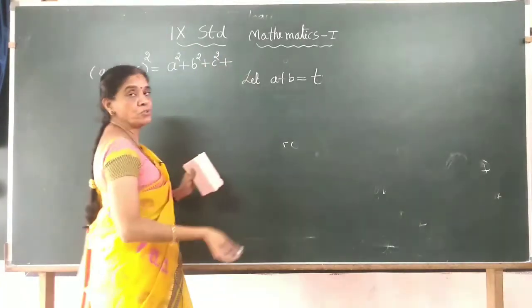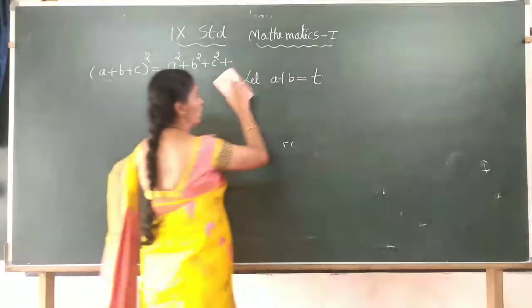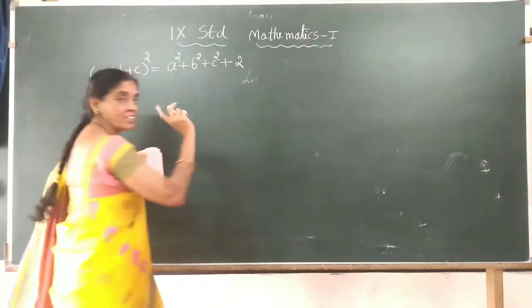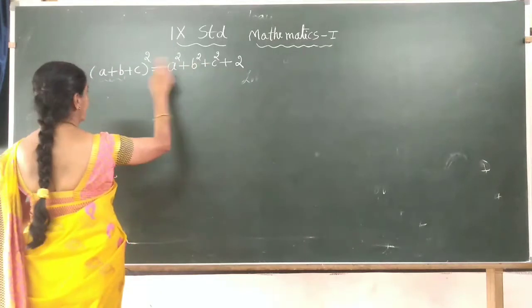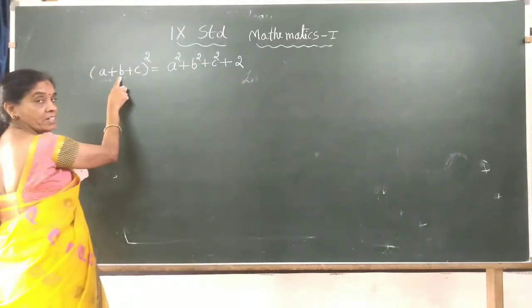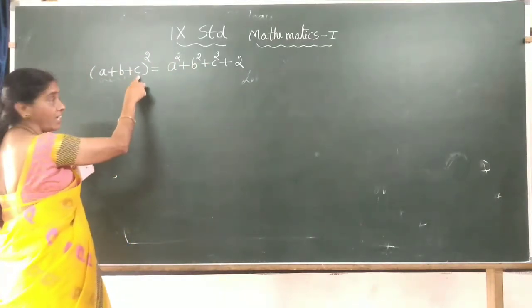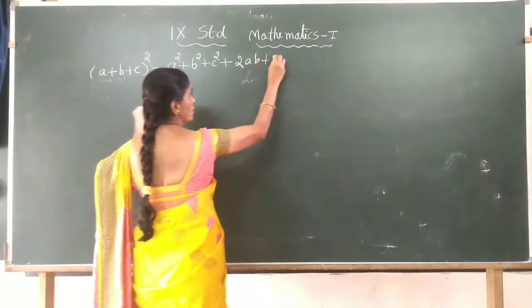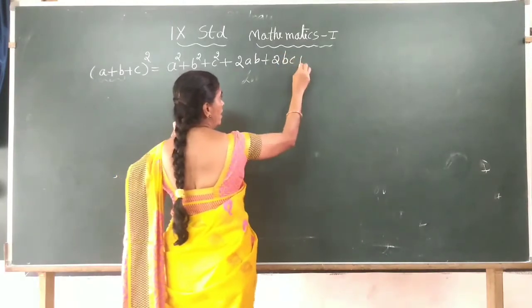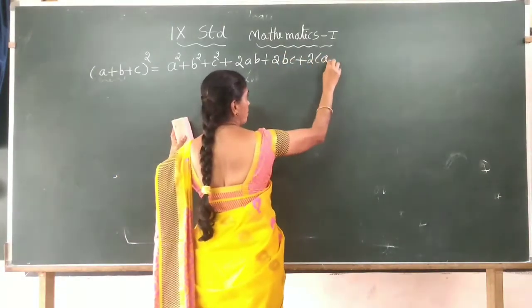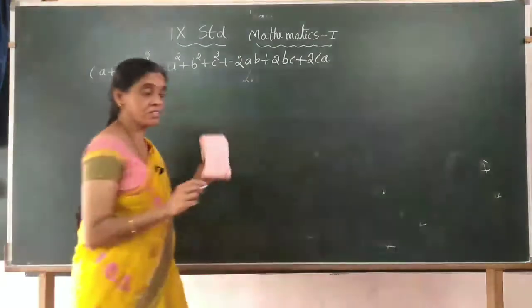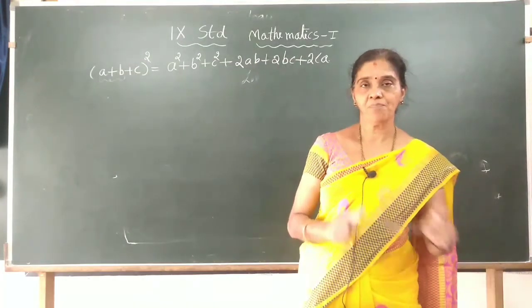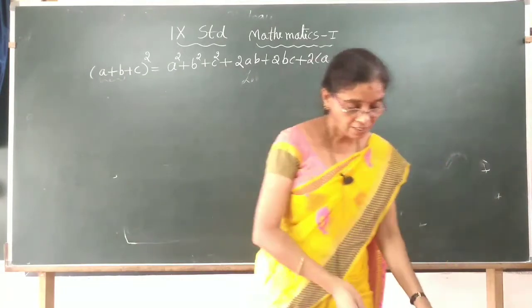Like a plus b whole square gives 2ab, here also you will get 2, but now two terms: ab, then bc, then ca. So 2ab plus 2bc plus 2ca. We will use this new identity and solve some problems. Some examples we will do now.